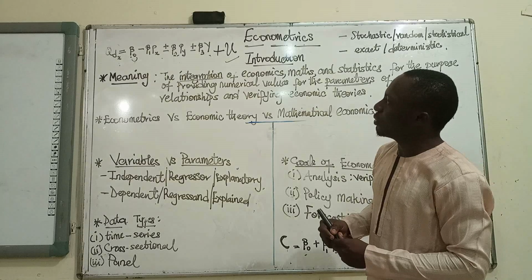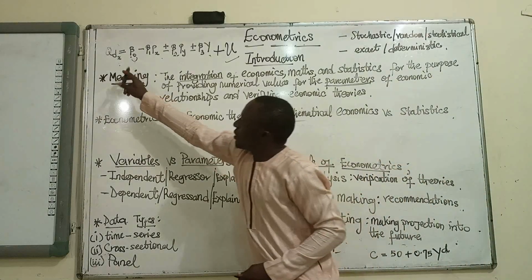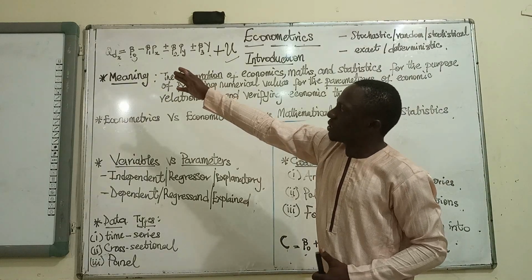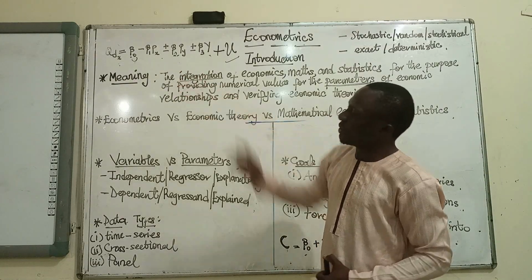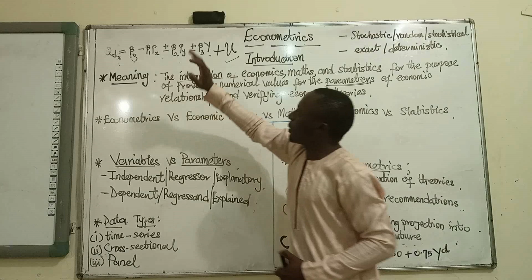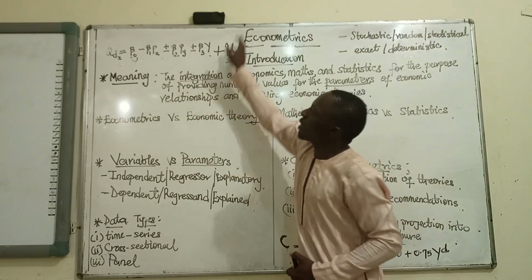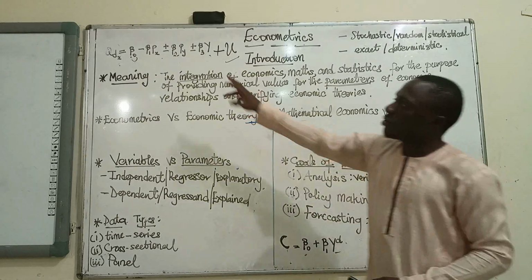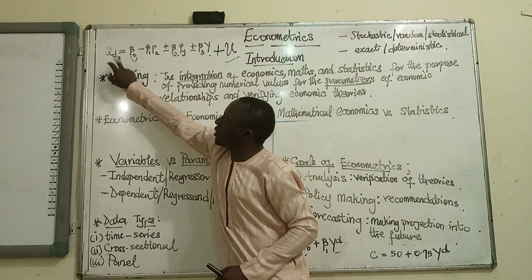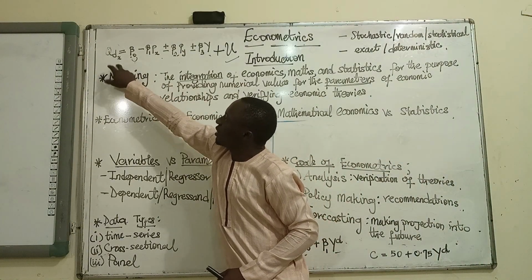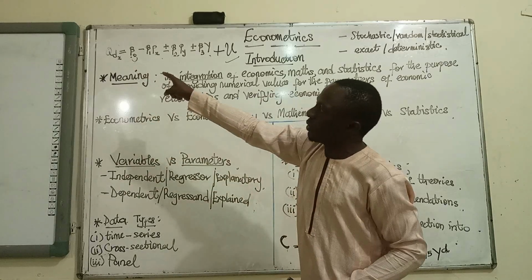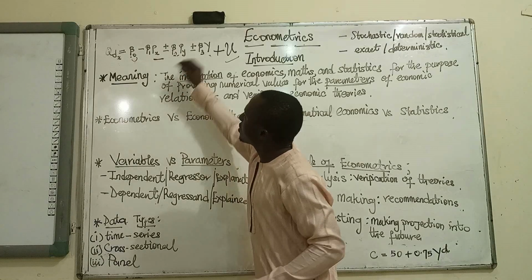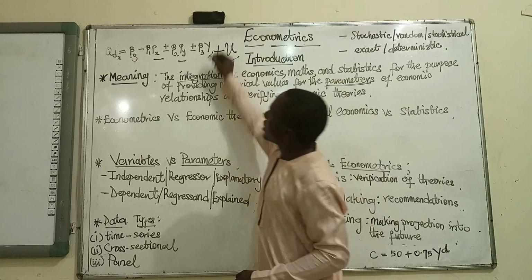Let's take a look at this model we have here. In verbal form, I can always say this quantity demanded of goods X is a function of the price of goods X, the price of goods Y, the income of consumers, and all other variables. So here now, the quantity demanded of goods X is depending on the price of goods X, the price of goods Y, and the income of consumers.